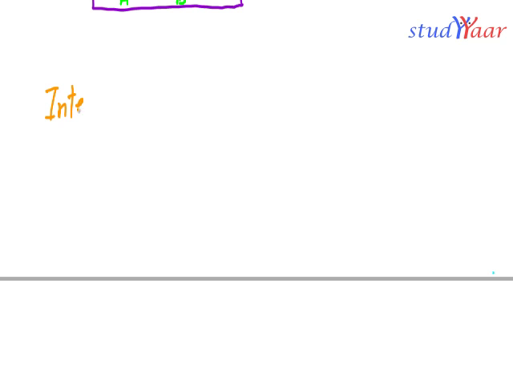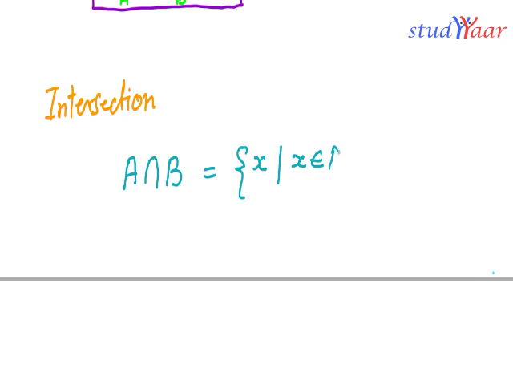intersection operation. I define the intersection of two sets A and B, and I write it as A intersection B, as X such that X is an element of A and X is an element of B as well.